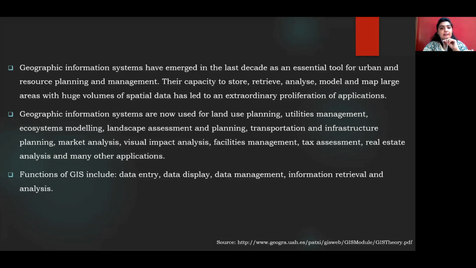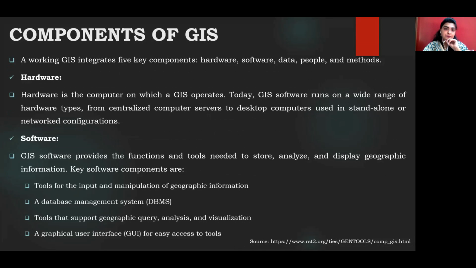Why? Because it has major functions, and these functions include data entry, data display, data management, information retrieval, and analysis.